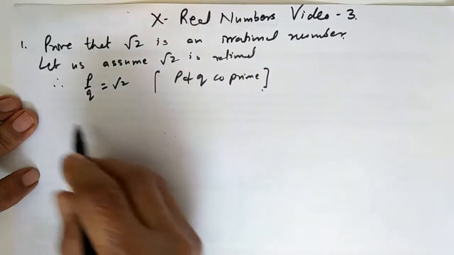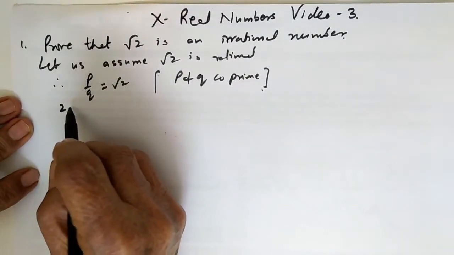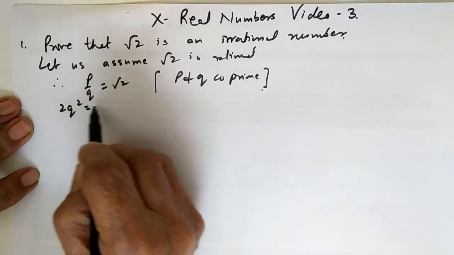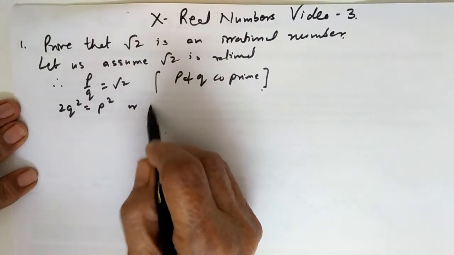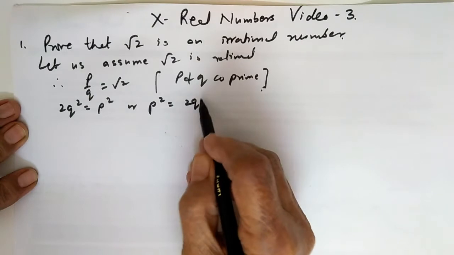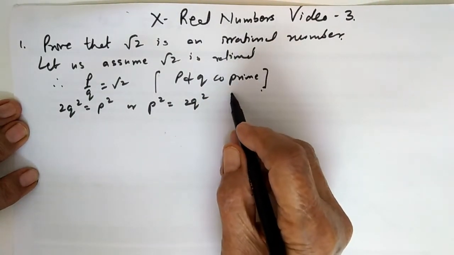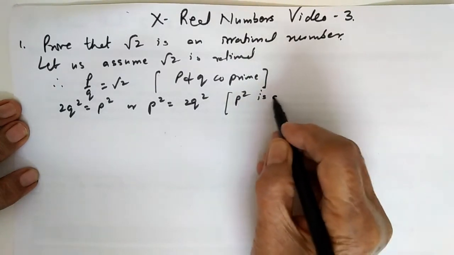तो squaring both sides, you can have 2Q square is equal to P square, or P square is equal to 2Q square. P square is equal to 2Q square means P square is a multiple of 2.